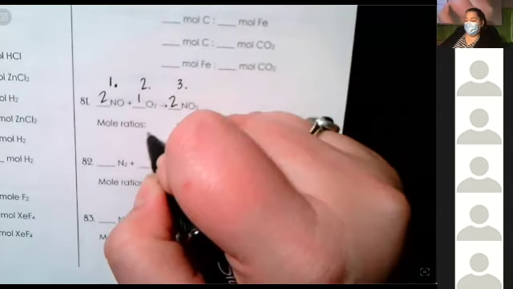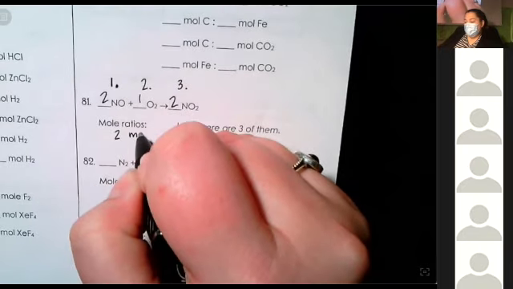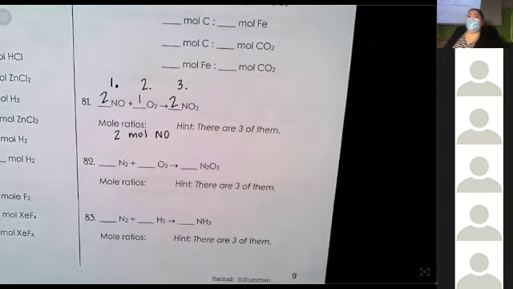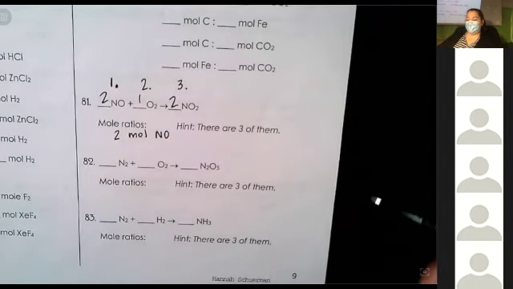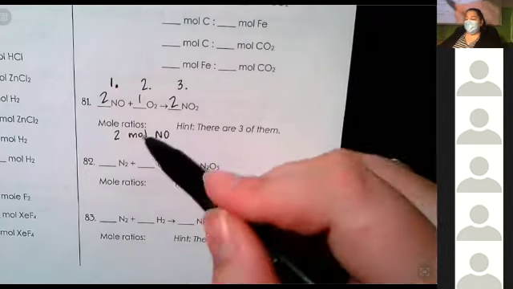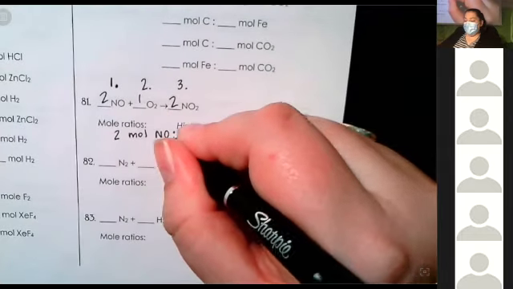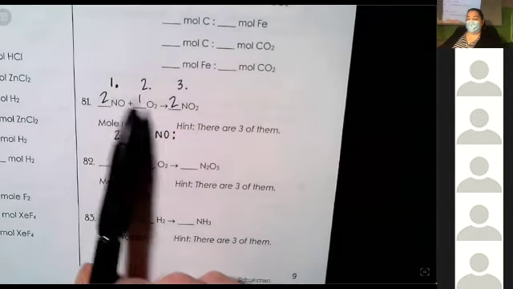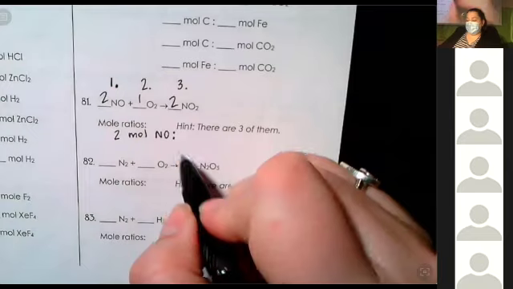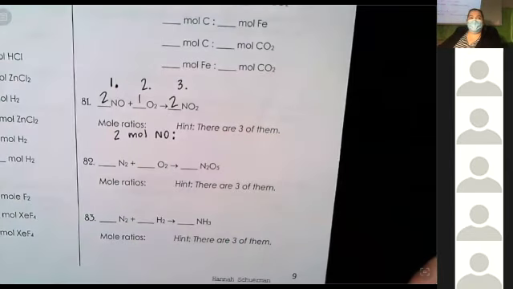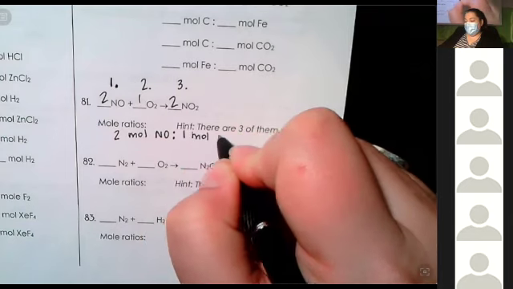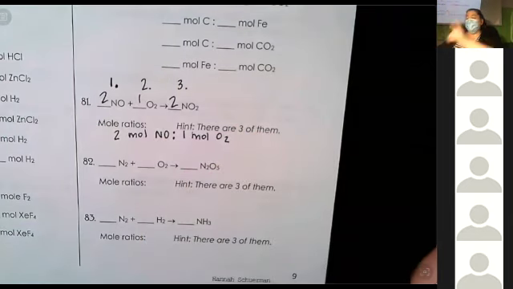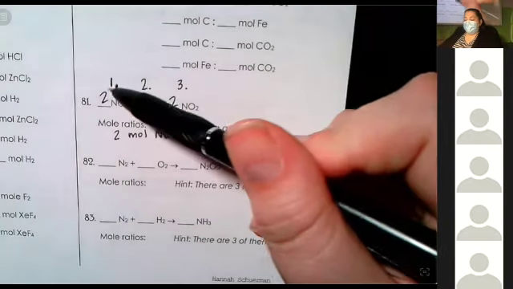I have 2 moles of NO. It is absolutely essential that you write the elements afterwards for what we're doing later. Okay, 2 moles of NO. So this is 1, we're going to compare it to 2. So how many moles of O2? 1, good, 1 mole of O2. So that's the first ratio. There are 3 of them. Okay, so now we've compared 1 and 2.